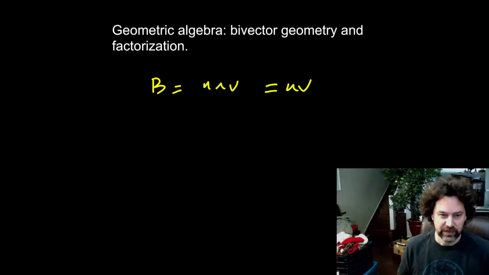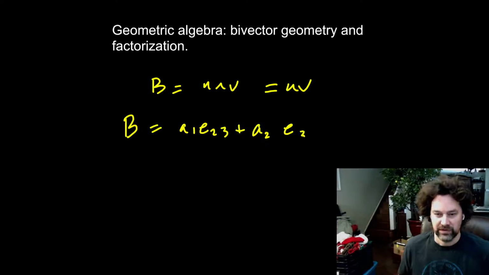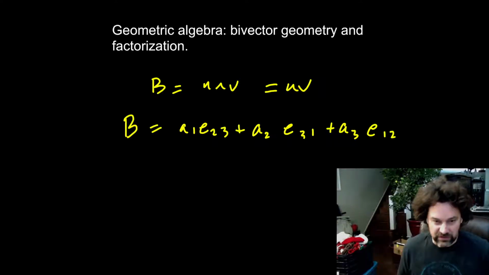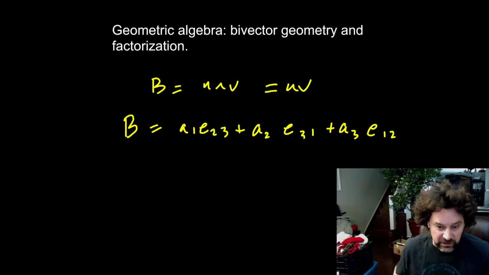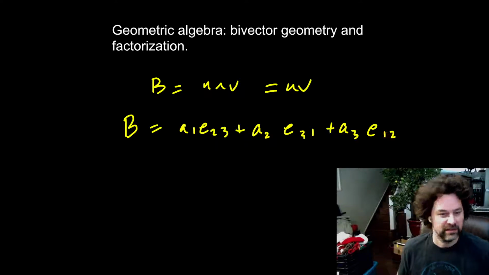So if we're given a bivector, for example, let's say we have an arbitrary bivector in R3, say we have A1 E23 plus A2 E31 plus A3 E12. If you notice, I've just taken all the even permutations of 1, 2, 3 here as the components. There's a specific reason that I've done that.